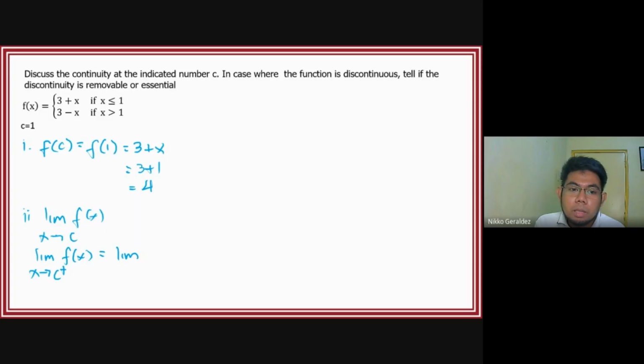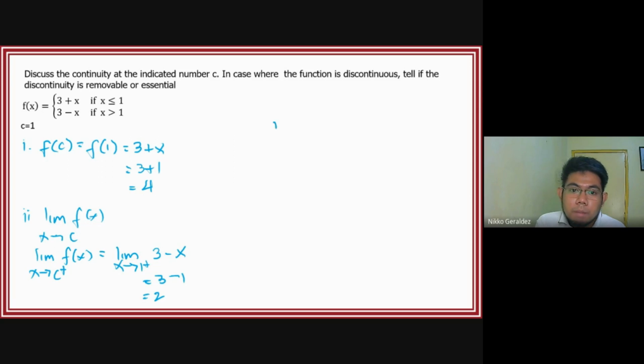The limit of f of x as x approaches c from the right is 3 minus x, because our domain is greater than 1. So the limit of 3 minus x as x approaches 1 from the right is 3 minus 1, which is equal to 2.